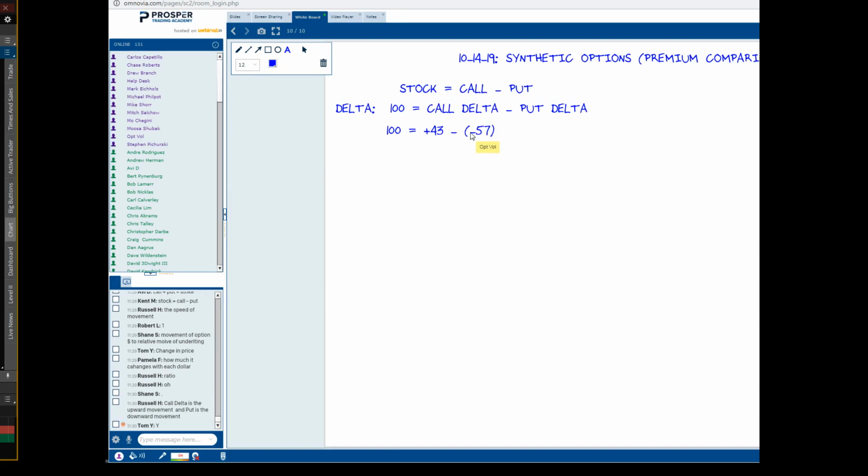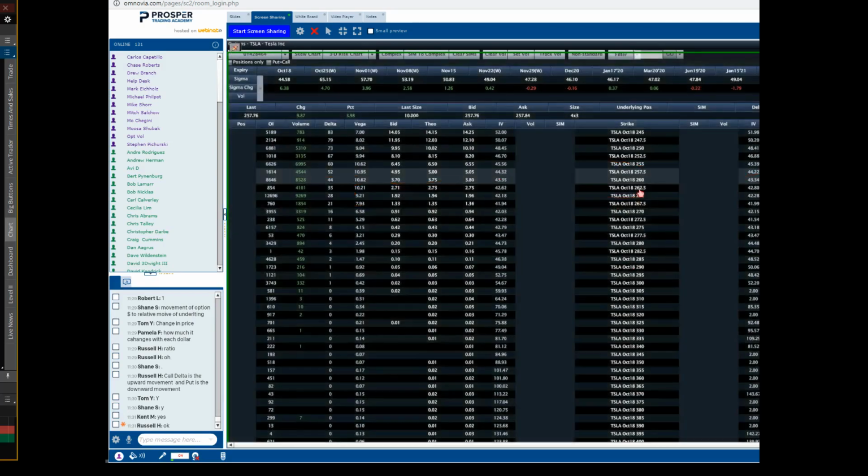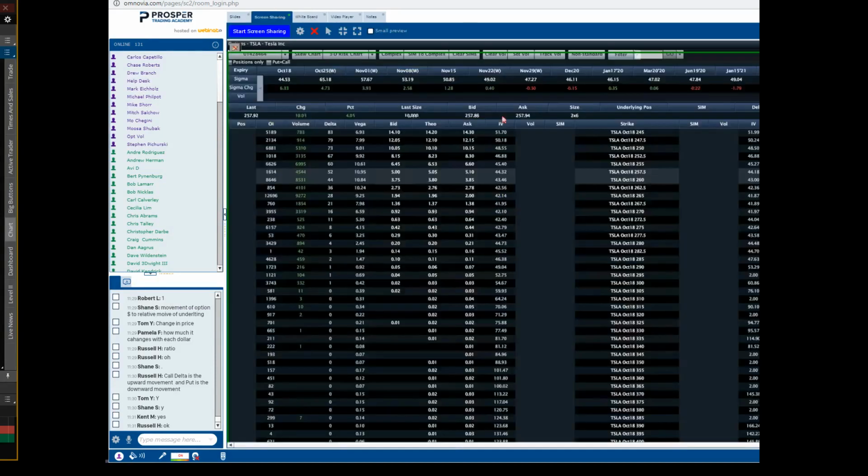Russell, that's correct, but that's why we're going through this exercise right now, to show you that a call can actually be a put and a put can actually be a call synthetically. Okay, so if you look at any strike, you're going to find the same relationship here. So let's look now at something way out of the money.